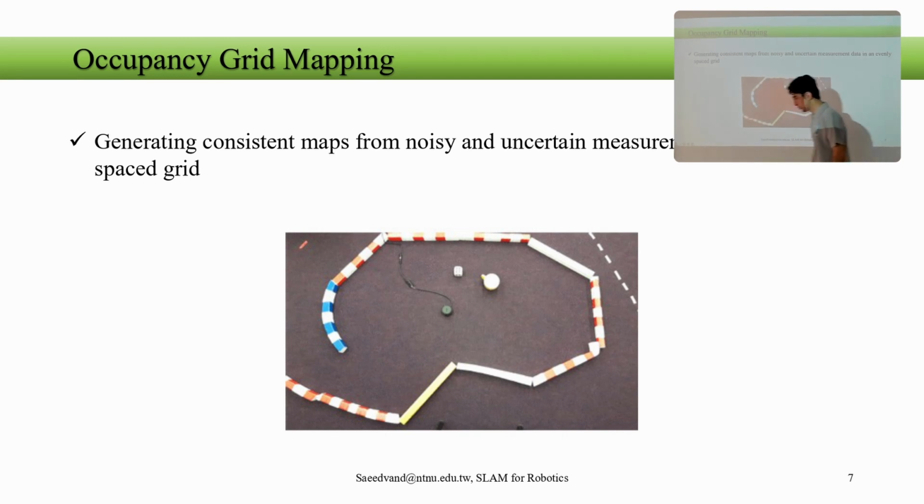So using occupancy grid mapping looks very interesting, because without doing any calculation, we can achieve this map construction just with the range and bearing of the sensor model that we have.